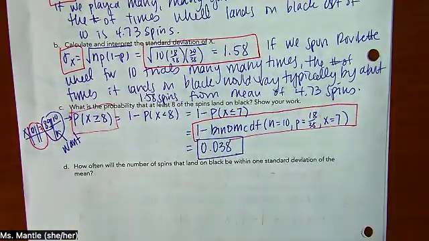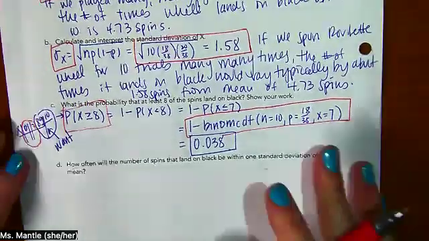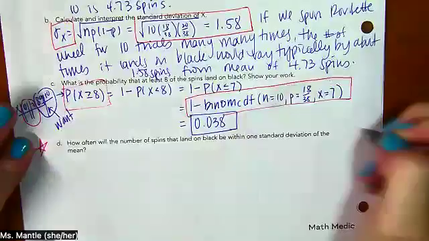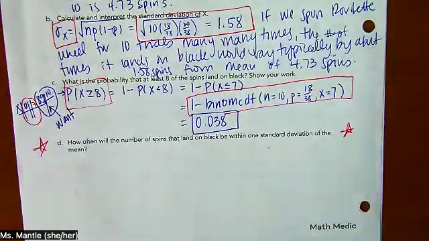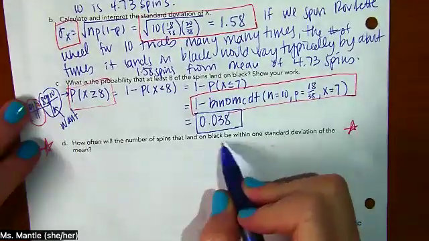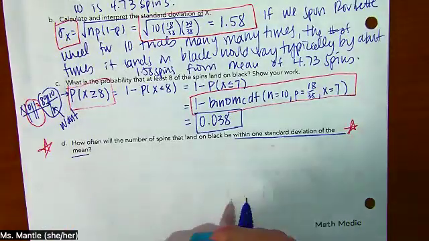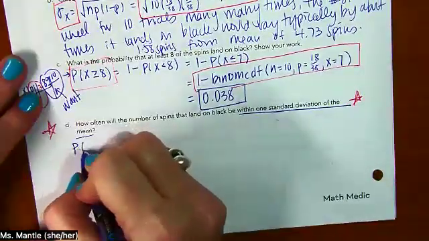Now this last problem is like an AP style type question. It says, how often will the number of spins landing on black be within 1 standard deviation of the mean? Here's what that means.